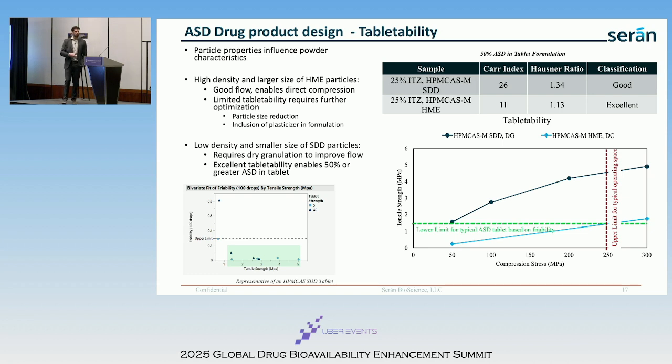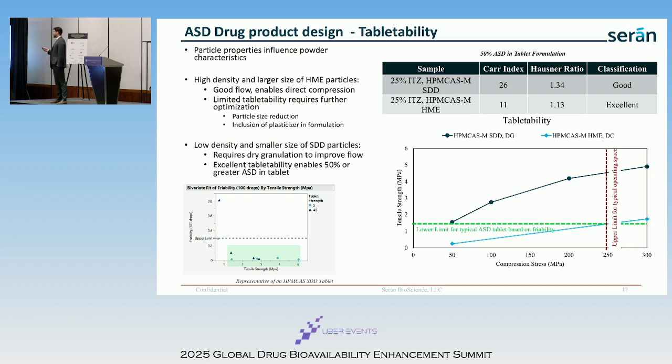We could mill it down lower to increase our surface area, or we could include a processing aid. We could go back to the formulation board and include some span or some poloxamer. So there are strategies we could use to make the HME work, but if we're expecting these to be one for one, not only in our dissolution, but our tabletability, I think we just need to reevaluate that.